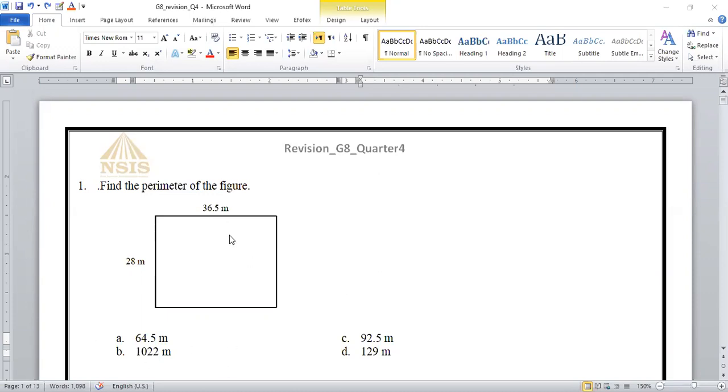As shown, the figure is a rectangle, and the perimeter of any rectangle equals length plus width, times 2. Okay, let's solve it.